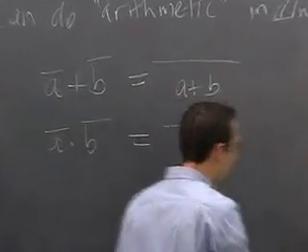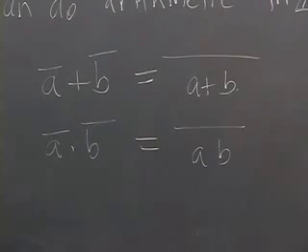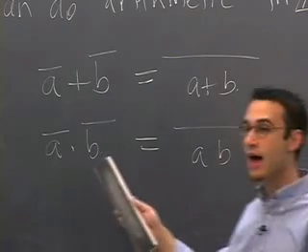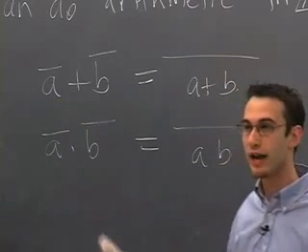Now, why is this well defined? Well, it's just a simple verification. But it's certainly important to check, because we do have a lot of different ways of writing A bar.